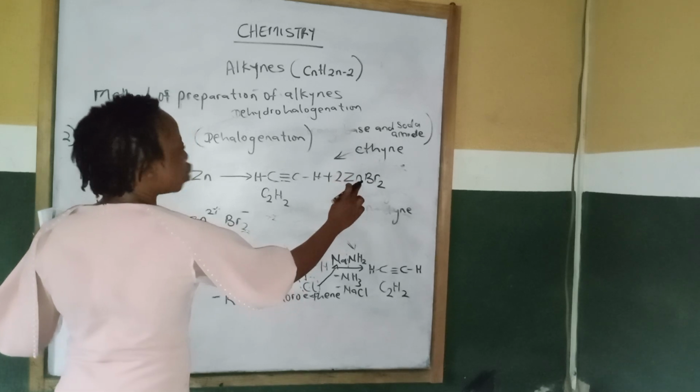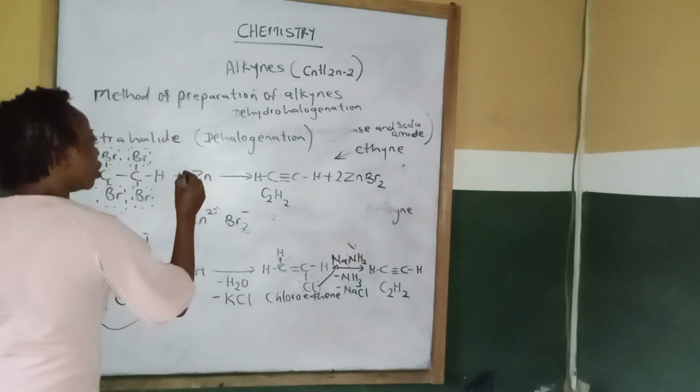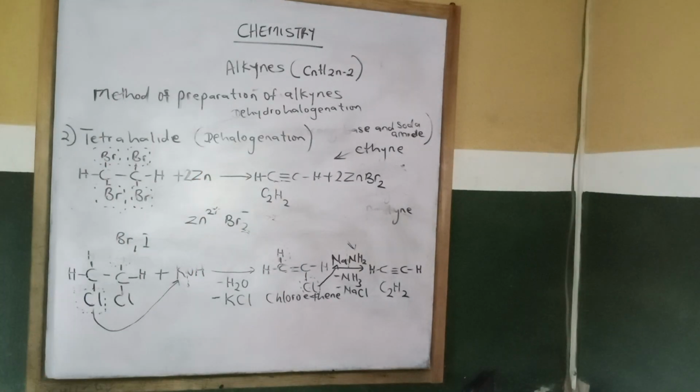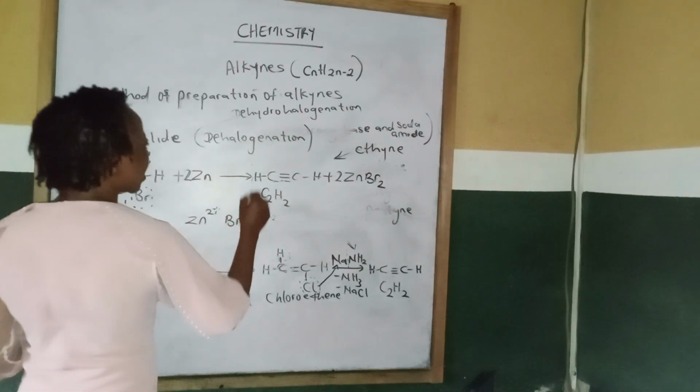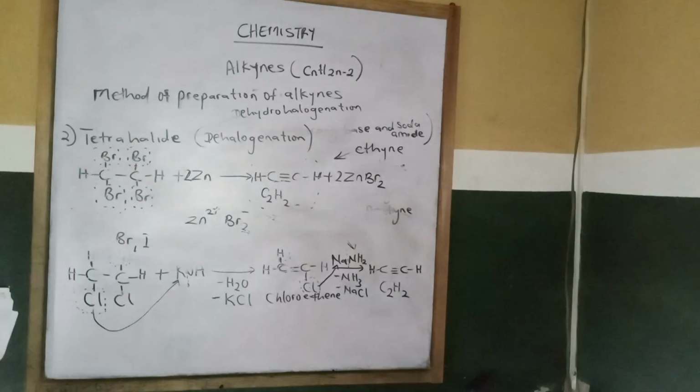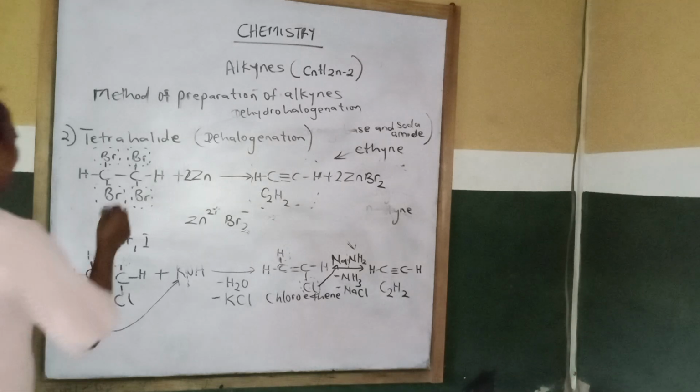The zinc is 2 at this side, so we put 2 here to balance our chemical equation. So from there we have produced ethyne. This is ethyne. So that is the second method of preparing alkyne.